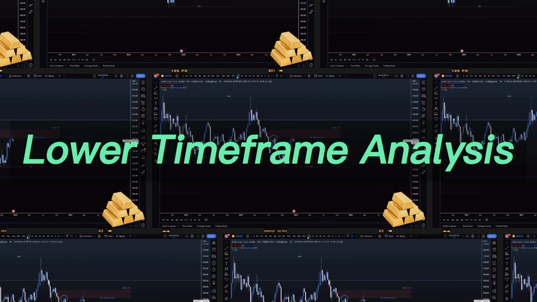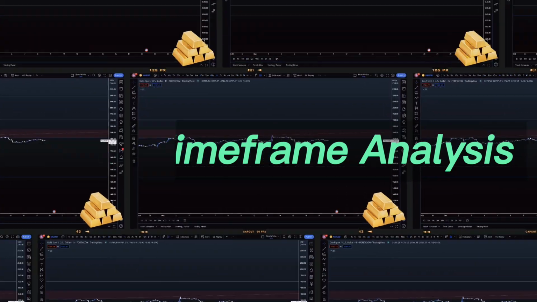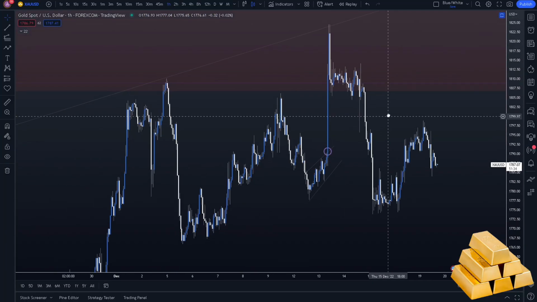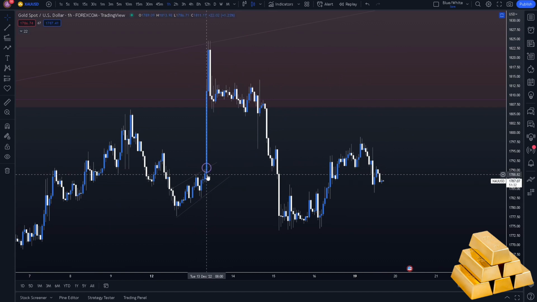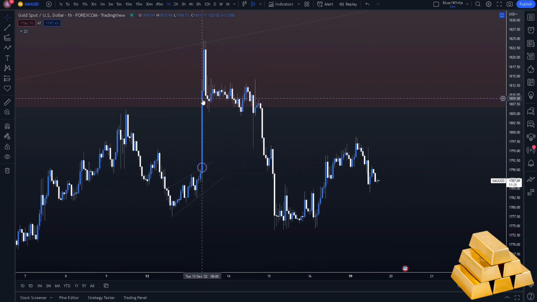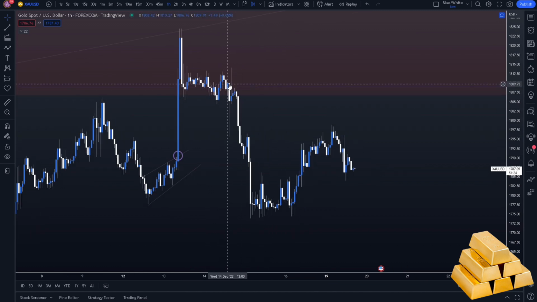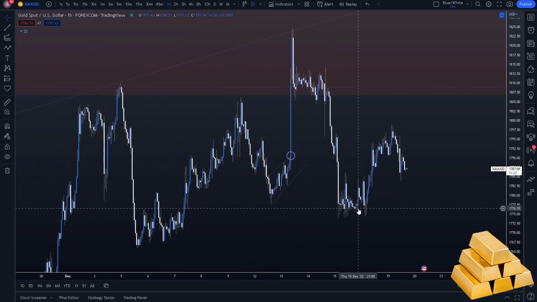So if we go down to a lower time frame here, you can see that we've had this fairly bullish move right above the weekly key level, and bulls and bears have been fighting over this weekly key level. And you see that bears have won, and currently we are bearish.